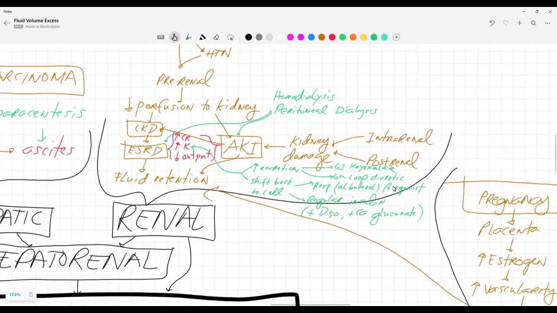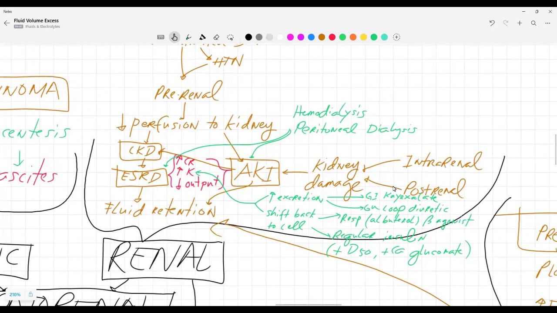In the presence of renal disease, even if it's an acute kidney injury, but there are these signs, increased creatinine, increased potassium, or decreased urinary output, then they might go on temporary dialysis as well.